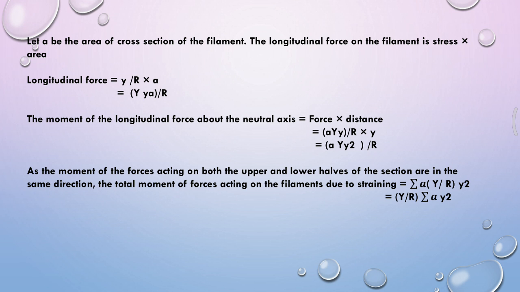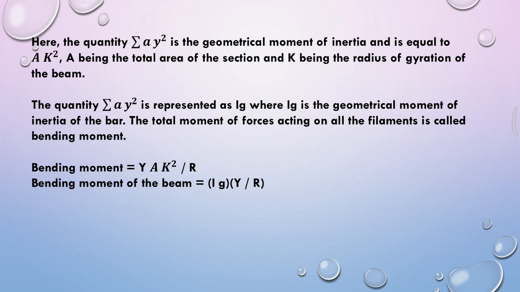As the moments of the force acting on both the surfaces, that is the upper and lower halves of the section, are in the same direction, the total moment of the force acting on the filaments due to straining is given by the summation of all such values taken over one complete area, that is sigma a y square into Y by r, or Y by r into sigma a y square, where sigma a y square is the geometrical moment of inertia and is equal to A into k square, where A is the total area of cross section and k is the radius of gyration of the beam.